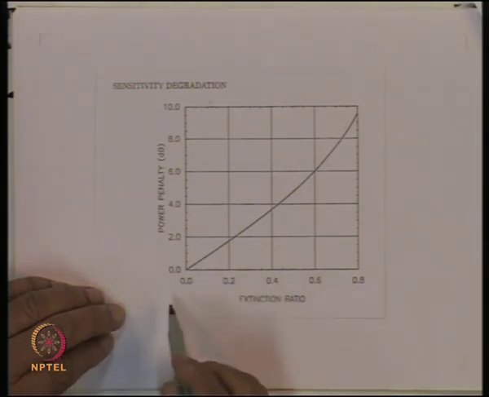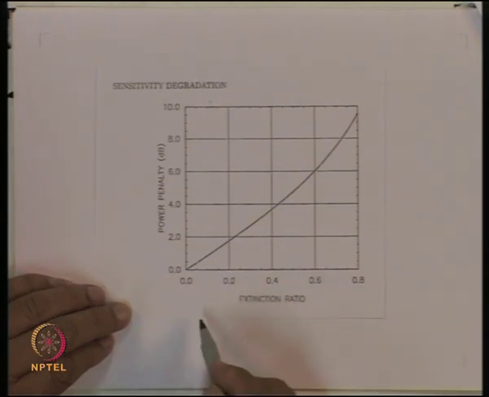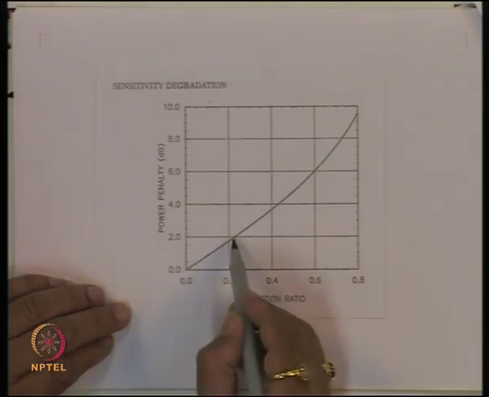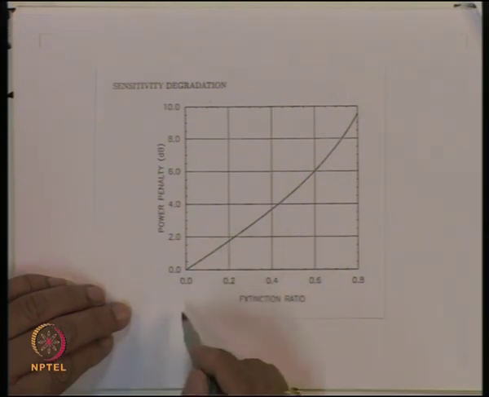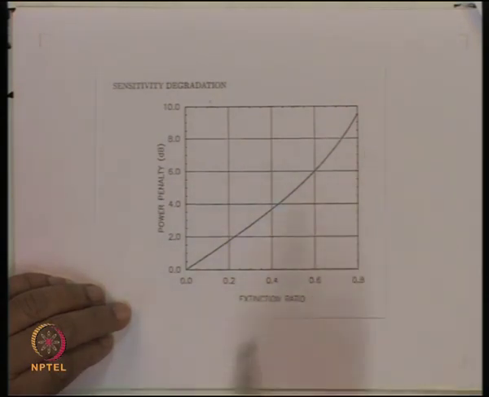So, as we can see here, for an extinction ratio of about 0.2, we have a power penalty typically of the order of about 2 dB. And if you have an extinction ratio of 0.4, then the power penalty is about 4 dB and so on.